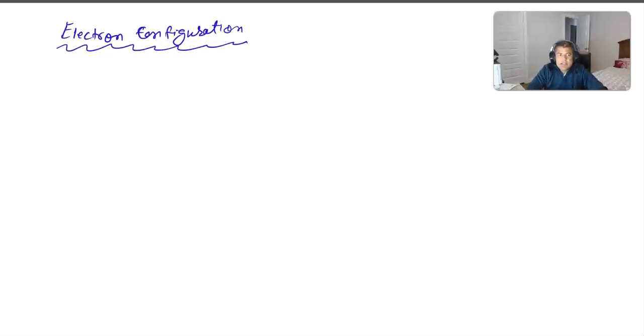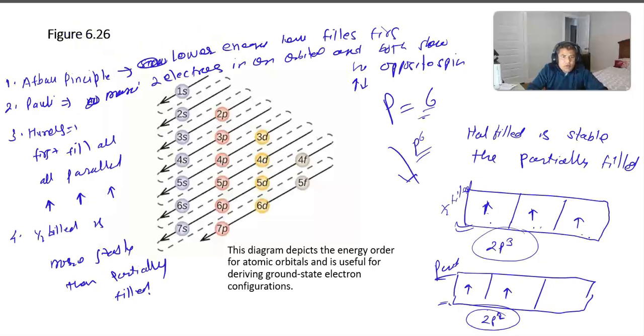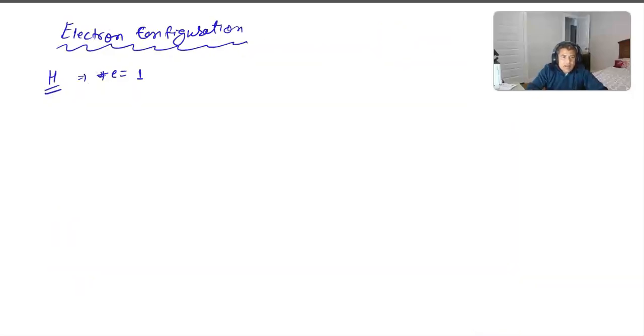So how do you do the electron configuration? Now let's take some examples. Hydrogen atom. Let's write the hydrogen atom's electron configuration. Hydrogen atom has how many electrons? Just one electron, so number of electrons is equal to 1, right? So you go to this picture. First of all, you have to fill 1s, right? Let me write that.